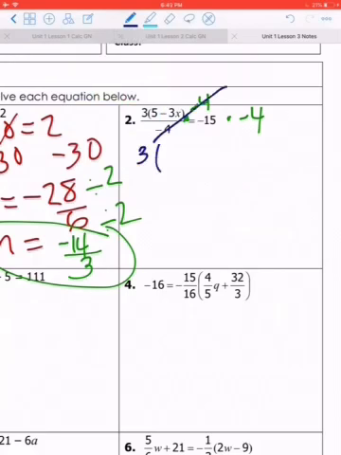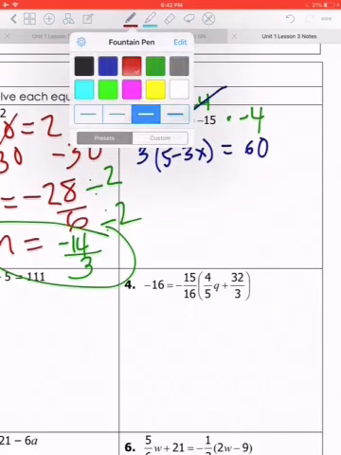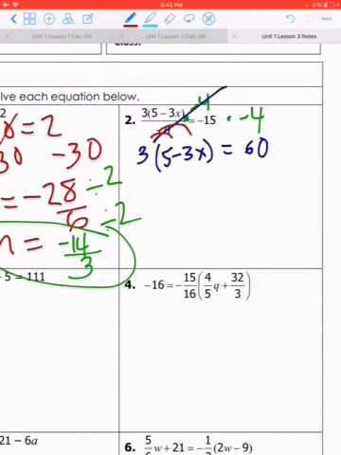So we get 3 times (5 minus 3x) equals negative 15 times negative 4, which is positive 60. And then from here you could distribute the 3, or if you can tell that's 3 times a group, to get rid of the 3 times, you could divide both sides by 3.